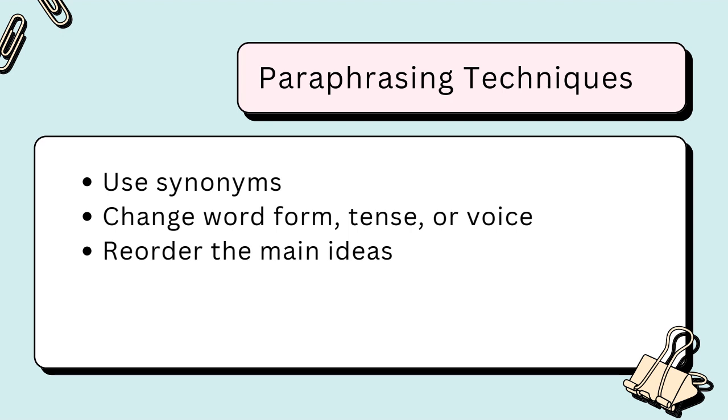The second bullet says change the word form, the tense, and the voice. Be conscious of the way the author is writing, and sometimes, generally in articles, they write either in the present or past tense. You have to bring it back into the present in your own writing. So be careful if they wrote did or had, and you want to write it in the current context, then you have to change the wording around to fit with what you are saying.